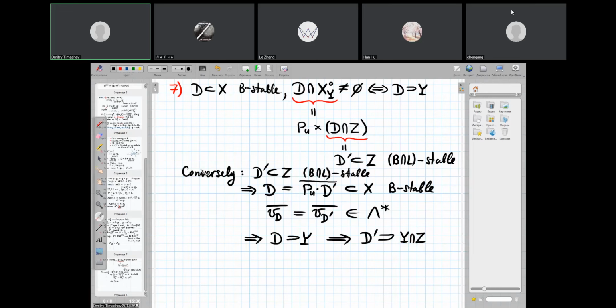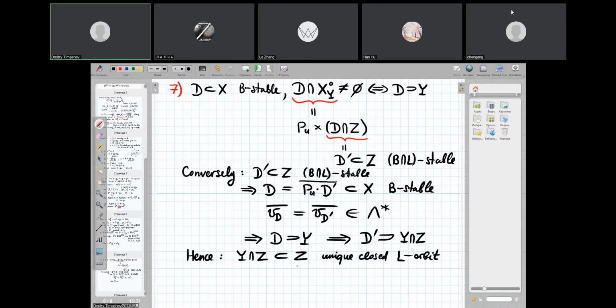This means that this intersection subset is the unique closed L orbit in Z.